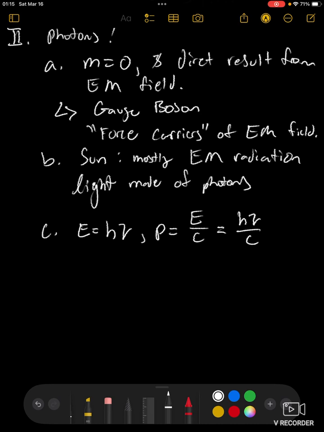So one day we will discuss radiation when mass does not equal 0. That might be further in the course.